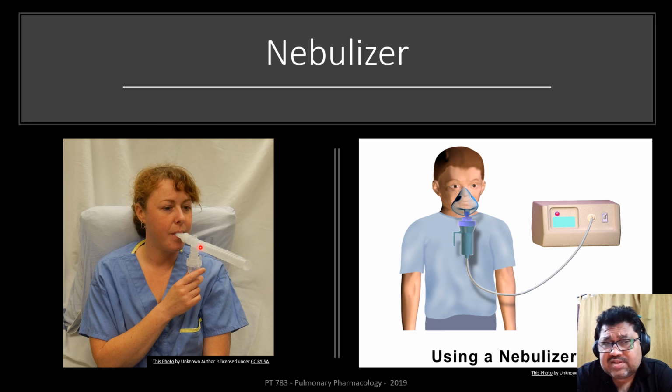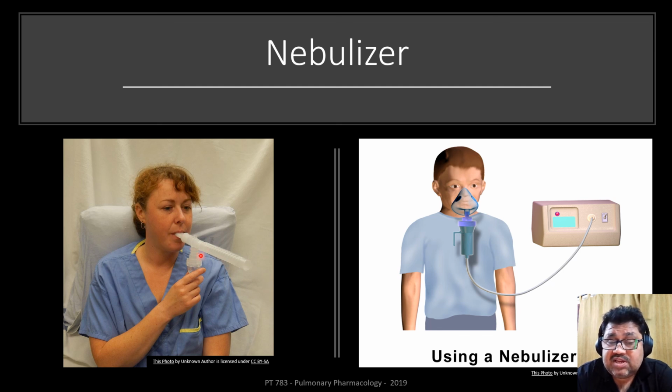Typically, it requires an electrically powered compressed air unit as shown in the second graphic, or it can be a pressurized oxygen cylinder. Either way, you can inhale using a nebulizer using this device on the left, which is called the T-piece.